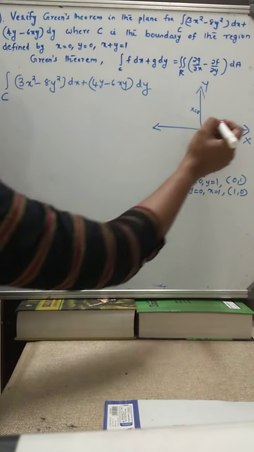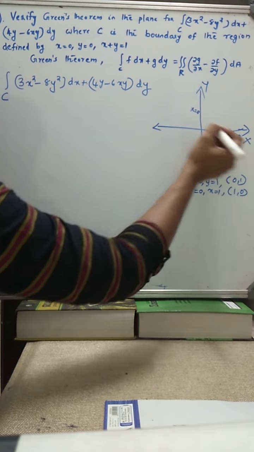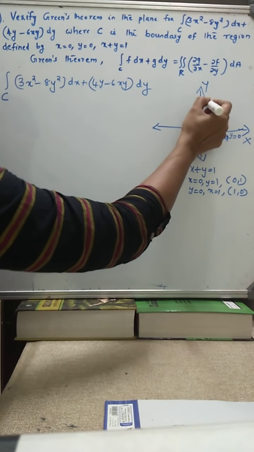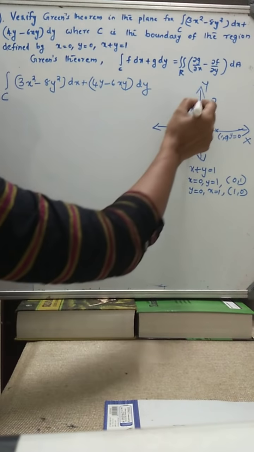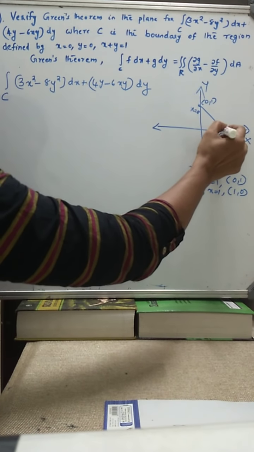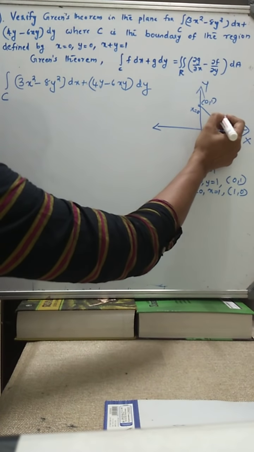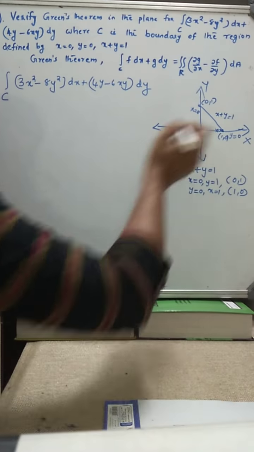Let us mark the points here: this is (1, 0) and this is (0, 1). Joining these 2 points, this is the line x + y = 1.